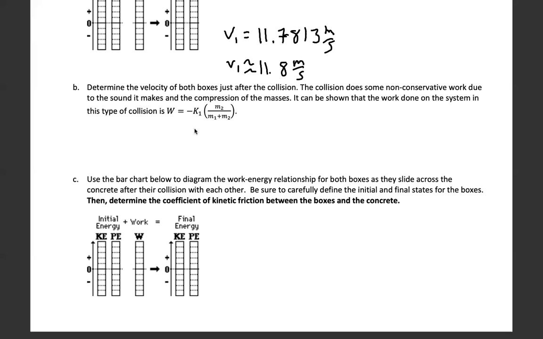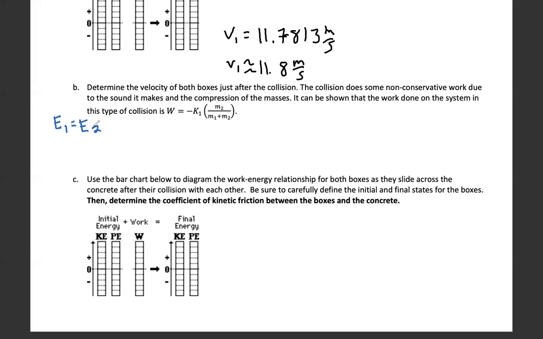So we want to figure out what is the velocity of both boxes just after the collision. Just before the collision, we knew that we had a certain amount of energy in the system, right? So now we can say, instead of saying E0 equals E1, why don't we say E1 equals E2, where E1 is right before the collision and E2 is right after the collision.